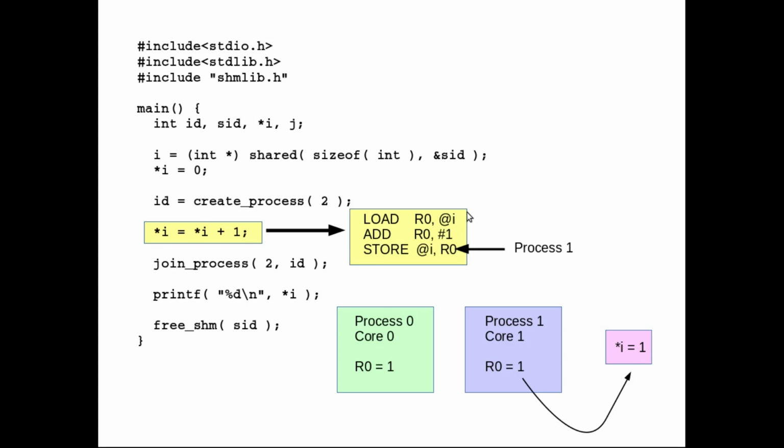The problem happened because before process 0 could complete incrementing the value of the shared variable, process 1 also entered into this code.